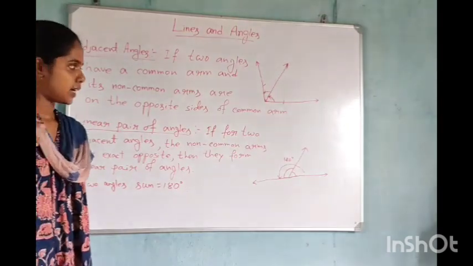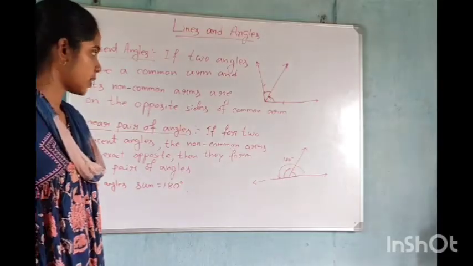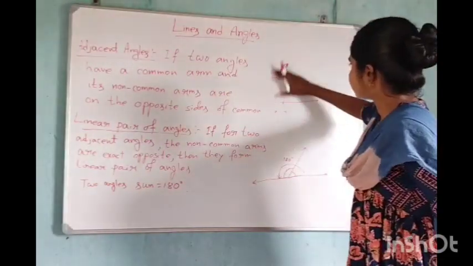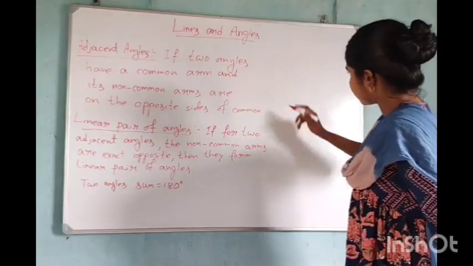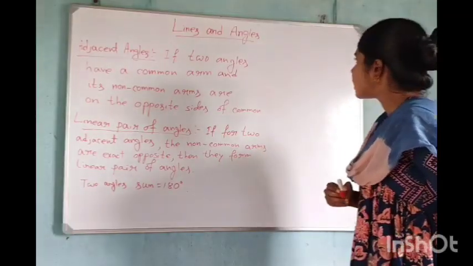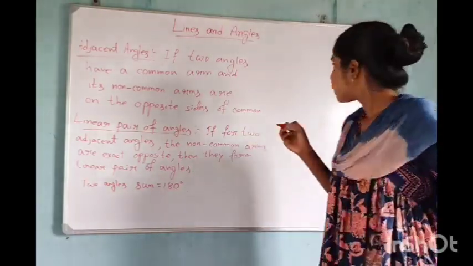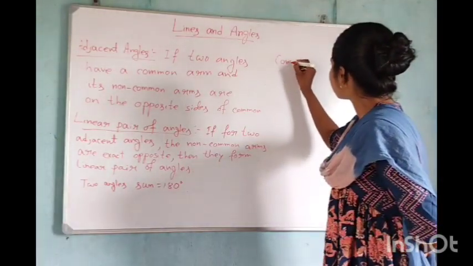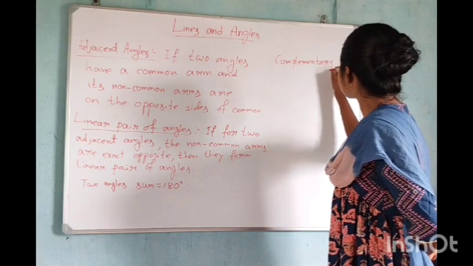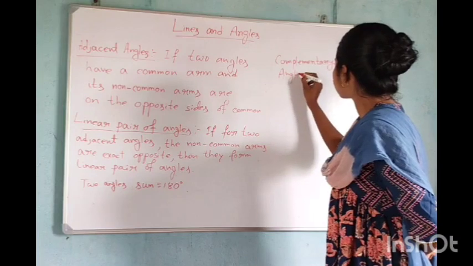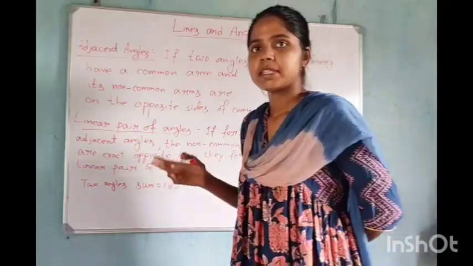Now there are two types of angles which are important. Write down the definition: complementary angles and supplementary angles. What is a complementary angle? In complementary angles, basically there are two angles.